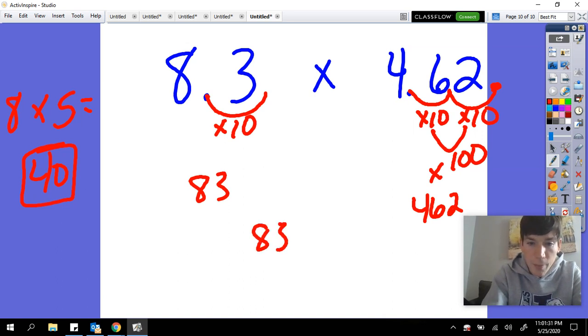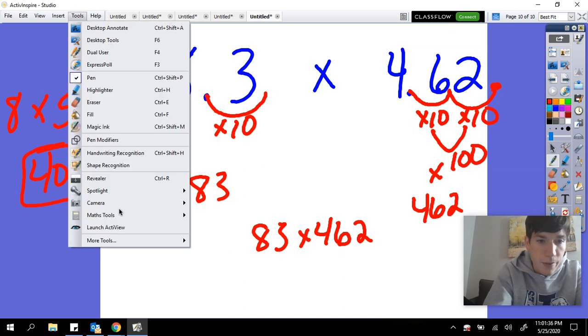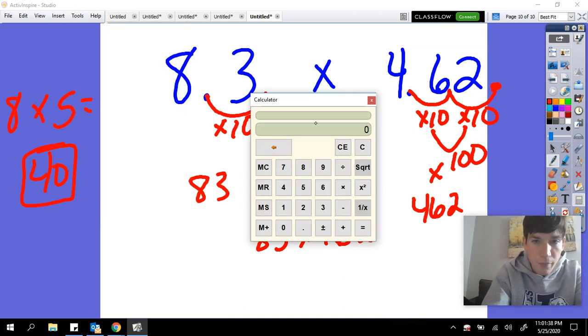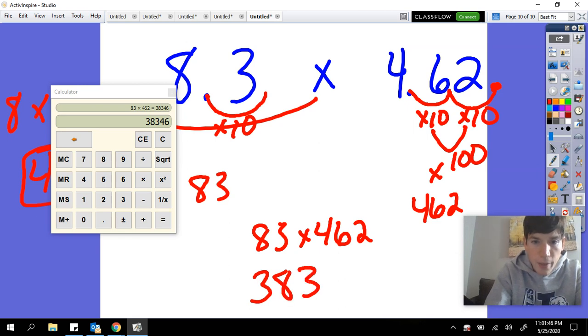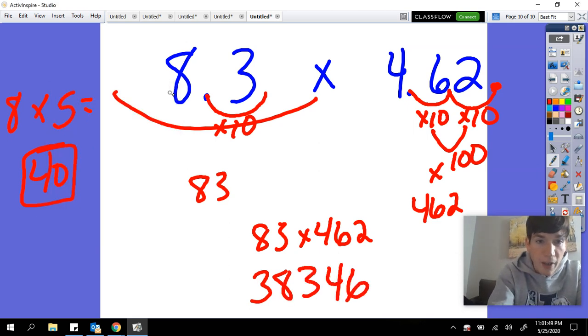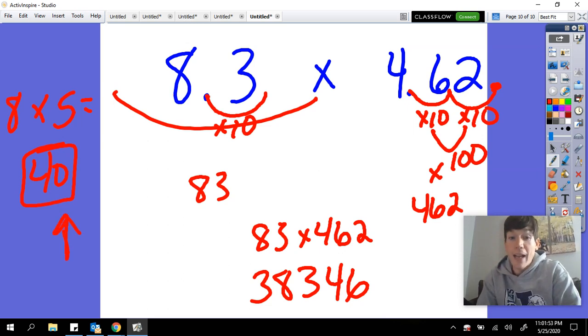Now I'm going to take 83 times 462, which we'll again do on our calculator. 83 times 462 gives me 38,346. Again, you'll notice this is nowhere close to our estimate here.